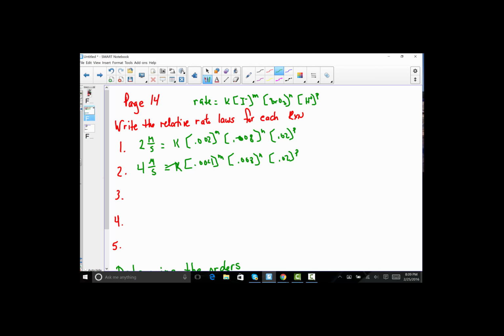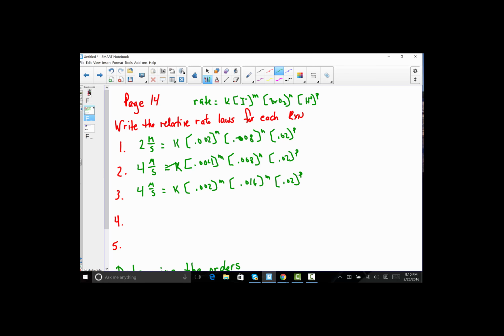We had the same rate, 4 molarity per second is equal to K times that concentration back to 0.02, the concentration from the iodide column. Here we varied the bromate and kept the acid the same.